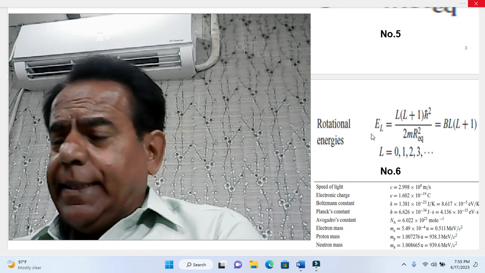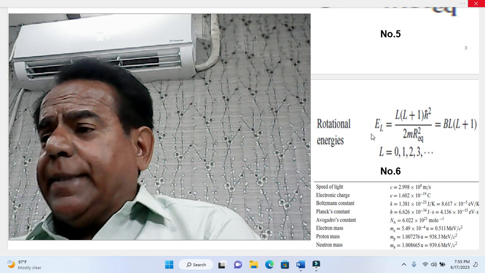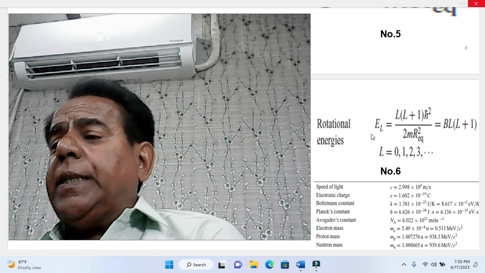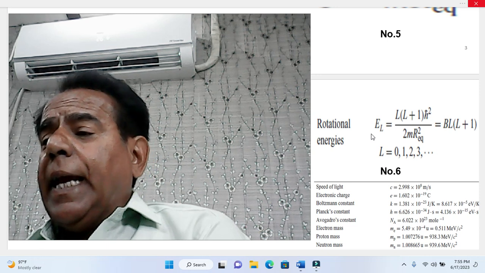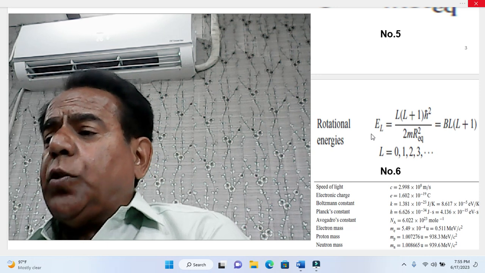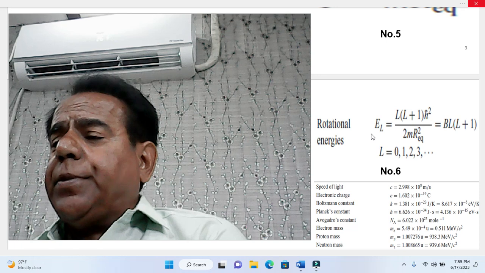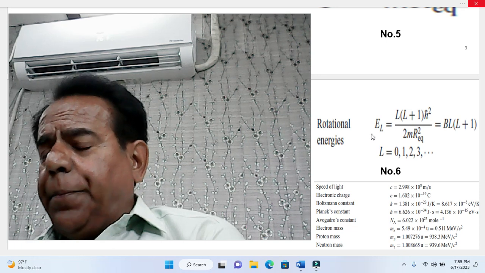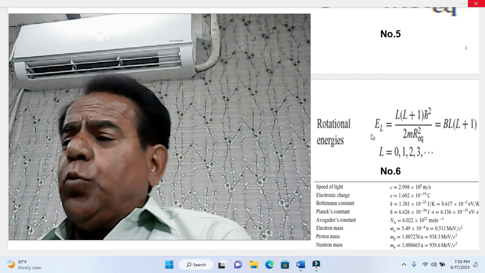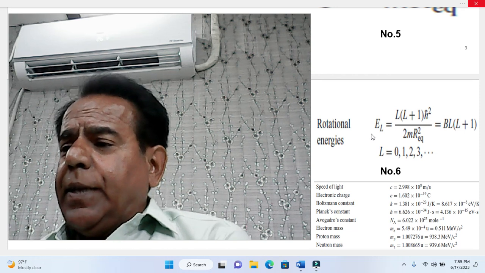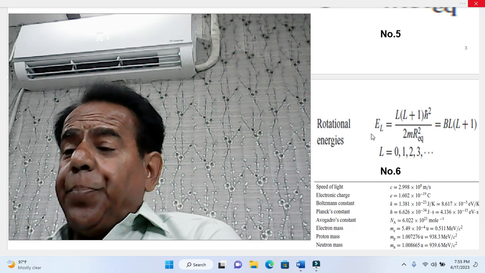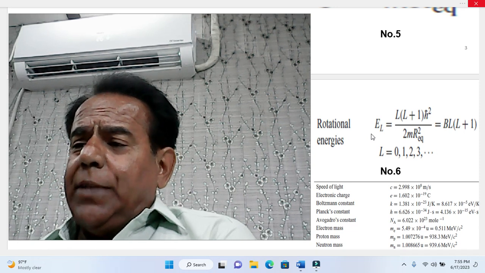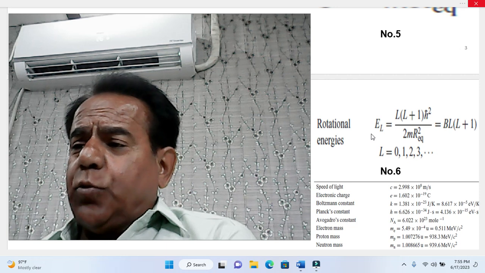Rotational energies are rotational energy levels, E_L, where L is written as a subscript of E, is equal to L(L+1) ħ² over 2m R_eq squared, where EQ is written as a subscript of capital R, is equal to B times L(L+1). Here rotational quantum number L has values 0, 1, 2, 3 and so on.